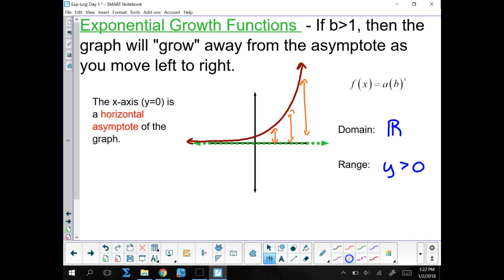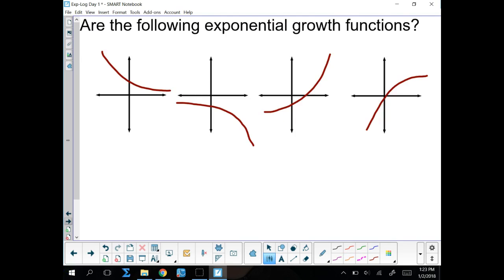Okay? Let's try graphing a function. Oh, so are these growth functions or not? I thought we were graphing right away, but we're apparently doing this. Okay? Number 1, is it a growth function? As I go left to right, do I go away from my horizontal asymptote?